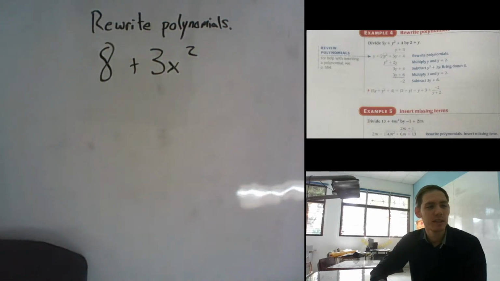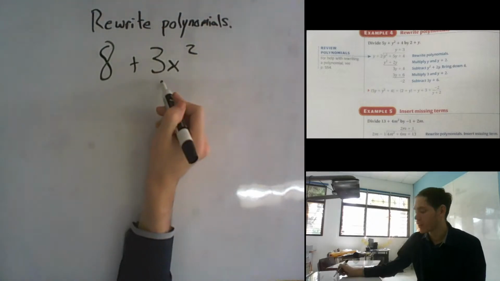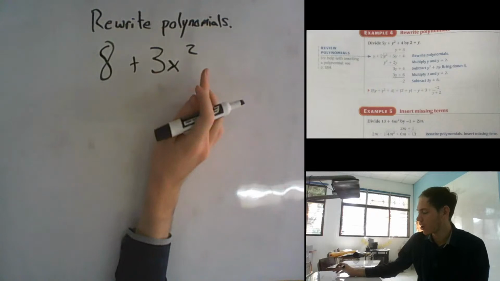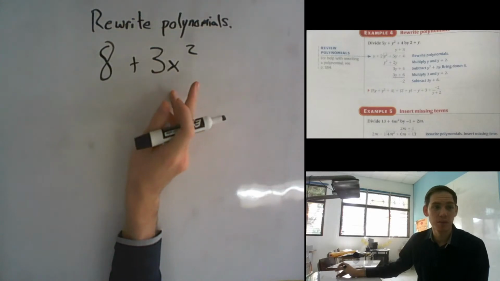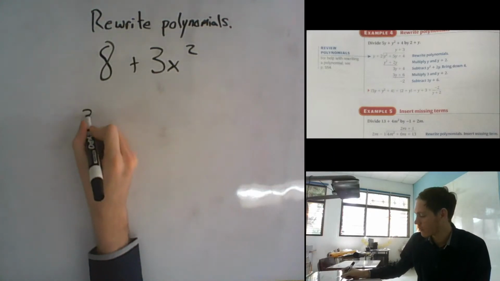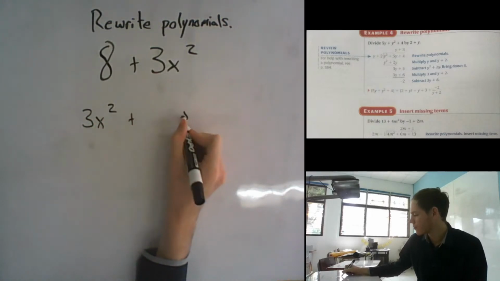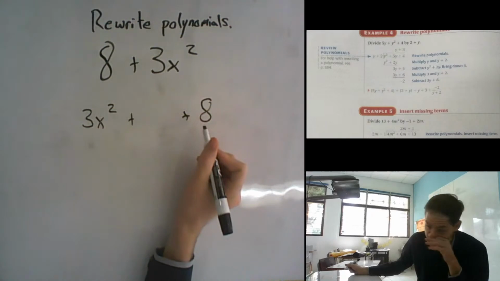It's going to be 30 minutes. That's my goal, less than 30 minutes. Maybe 20 minutes. Okay, to rewrite this, we need to make sure the exponents of our variable are in order, the biggest first. So we'll have 3x squared, then plus 8x, then 8.